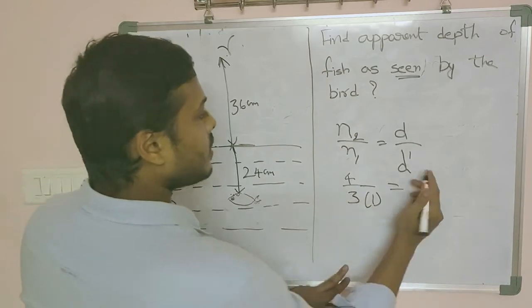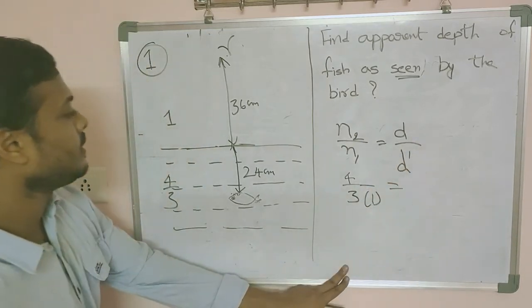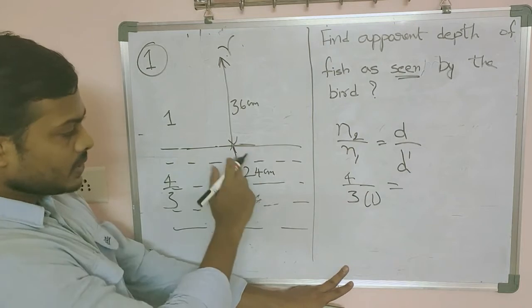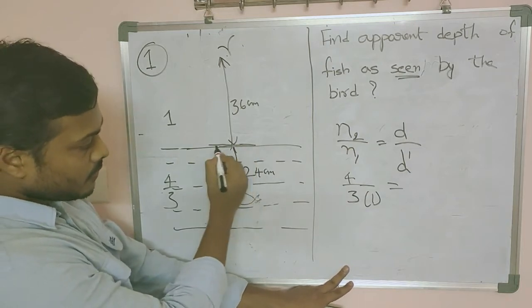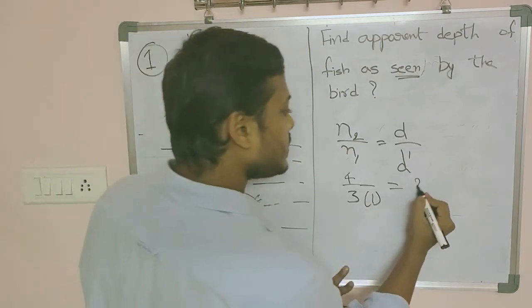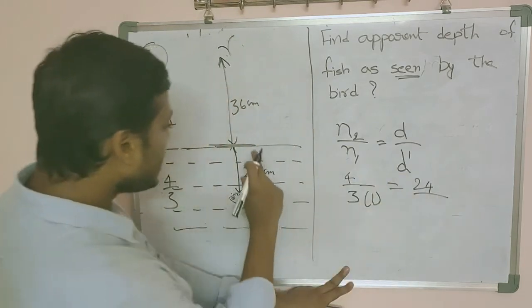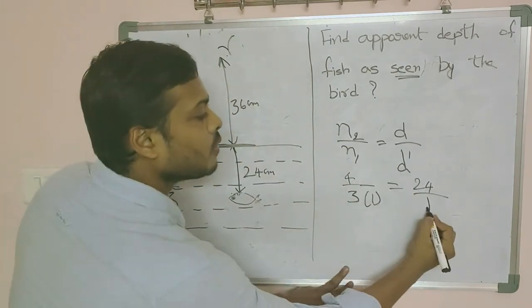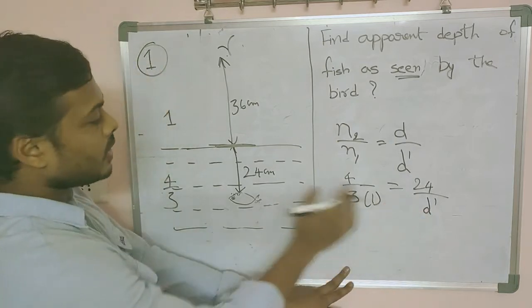So N2 by N1 is equal to D by D dash. What is D? Real depth of the fish. What is the real depth of the fish from the surface boundary? 24 centimeters. D dash is apparent depth, which we have to find. This apparent depth we will get from this surface.